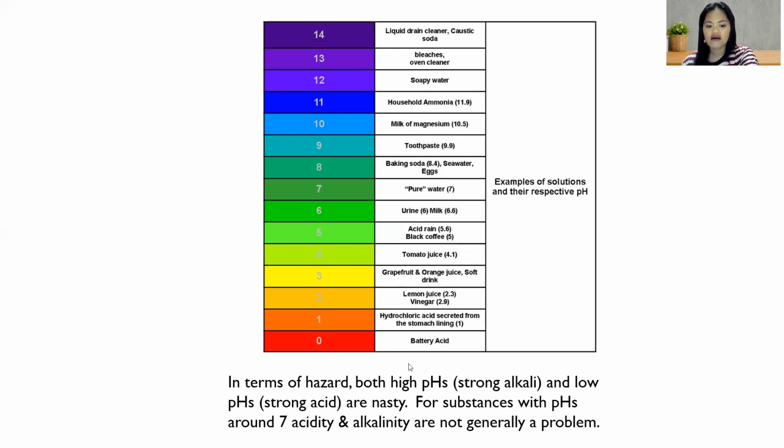But with pH 7 up or 7 down, strong acids and strong alkalis like salts, ammonia, liquid drain cleaner, and caustic soda really become a problem. So you have to know the category of your solutions.